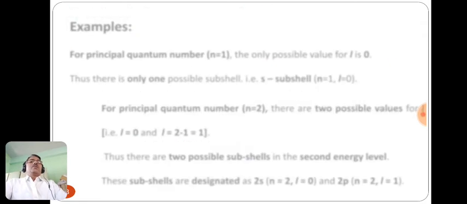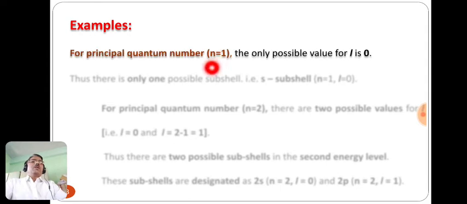For example, suppose the principal quantum number is n equals 1. Then how many azimuthal quantum number values are possible? 0 to n minus 1, that is only one value, equal to 0, since 1 minus 1 is 0.